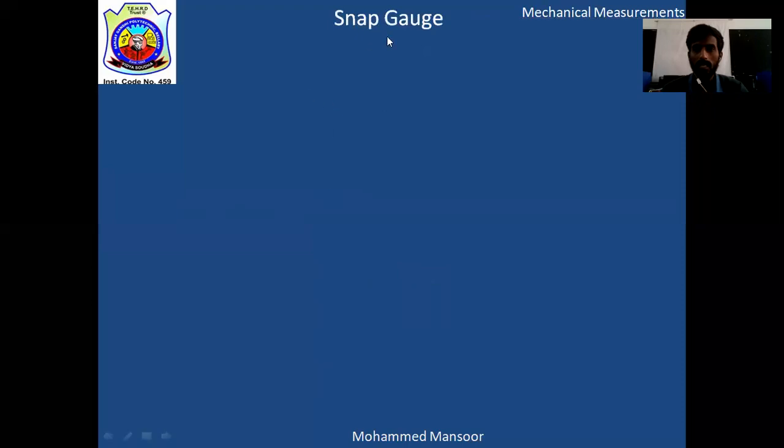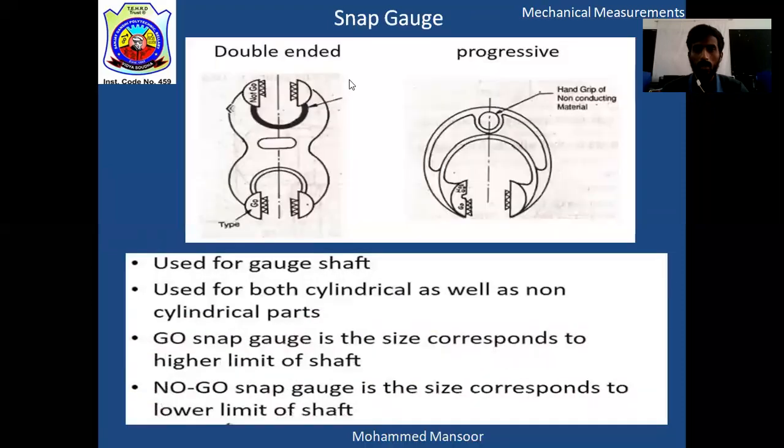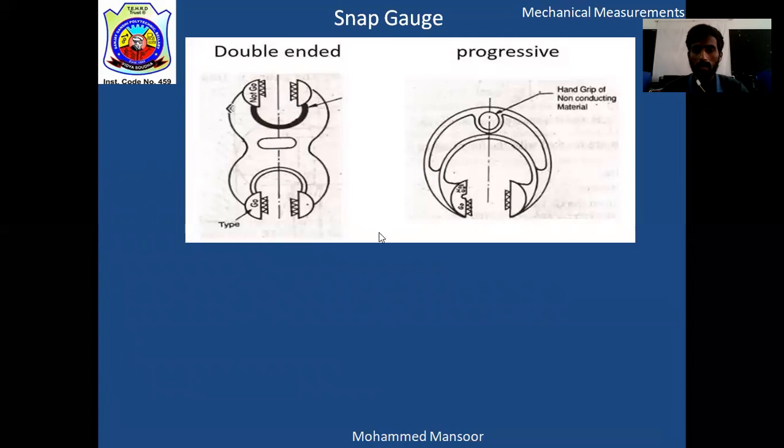Next, we'll study the snap gauge. This is how the snap gauge looks. The schematic representation of the snap gauge is as shown in the figure. It consists of two ends, one is the go end, the other end is the no go. This is double ended, and on the right side it is progressive type.